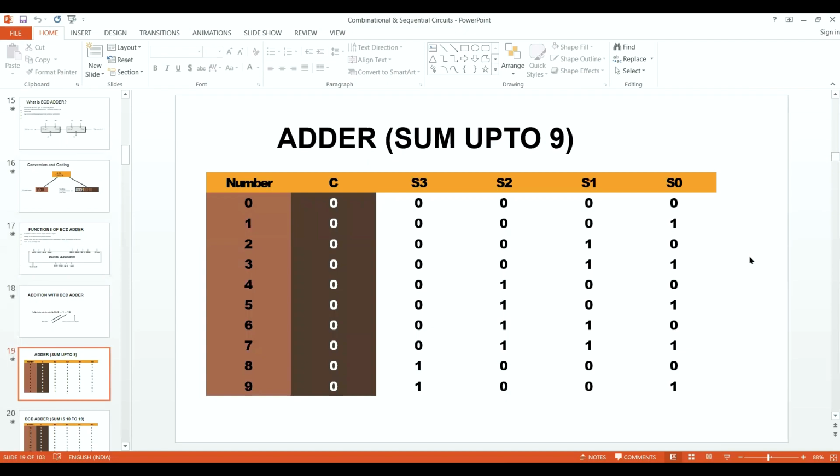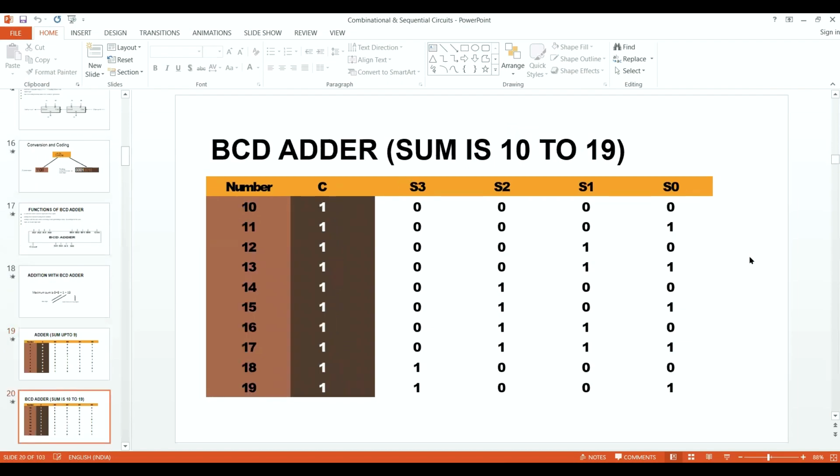Don't confuse yourself about what should be the value of S0, S1, S2, S3. The carry output is 0 when I'm talking about decimal values 0 to 9, and S0 represents the minimum weightage value, and S3 represents the highest weightage value. I just write 0 to 9 values. These are my select lines.